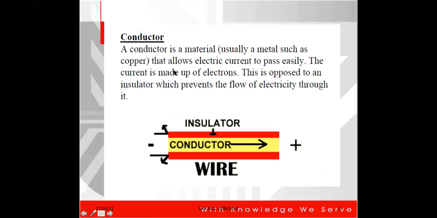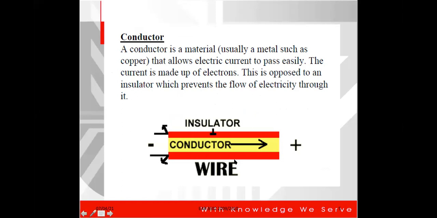Usually in an electronic circuit we have a conductor. A conductor is a material, usually a metal such as copper, that allows electric current to pass easily. The current is made up of electrons. This is opposed to an insulator, which prevents the flow of electricity through it. So how does the electron transfer from one point to another point in the circuit? It is through a conductor.